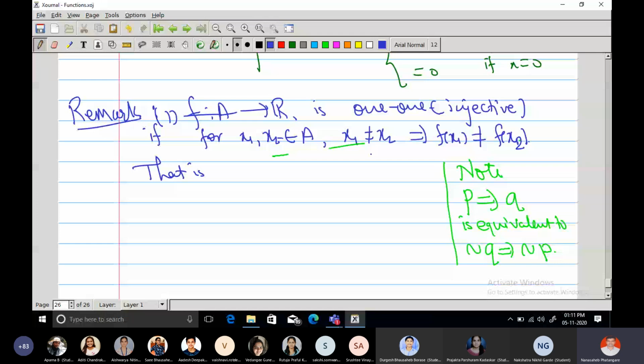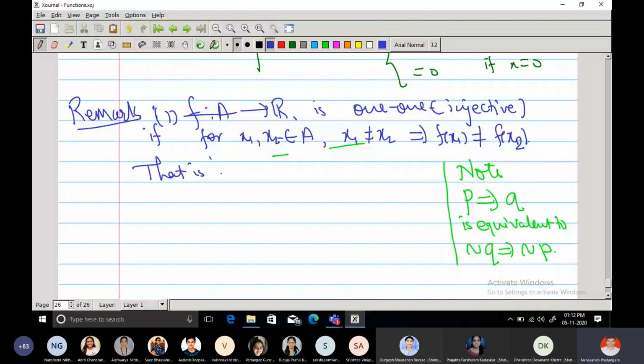If f(x1) equals f(x2), then x1 equals x2.